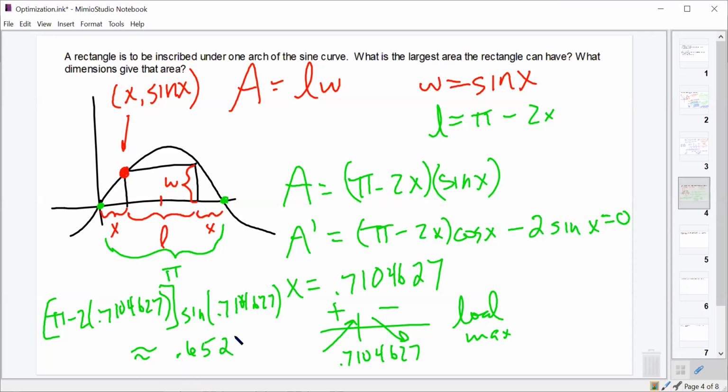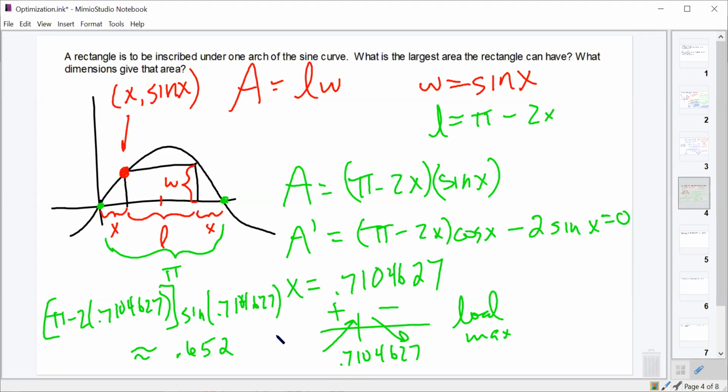Okay. Everybody good with that or no? And if we wanted to know the dimensions, we just plug it in separately. We figure out what this first piece was and this second piece was, but I don't think we need to do that necessarily right now.